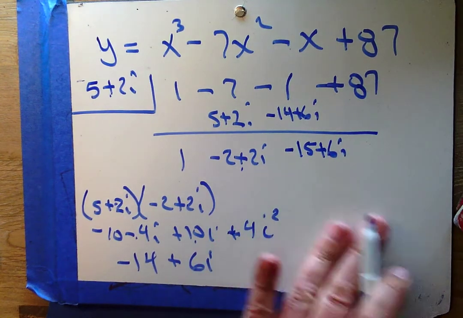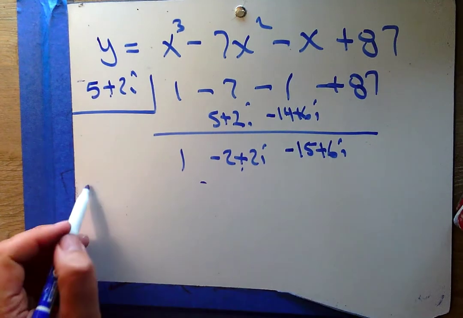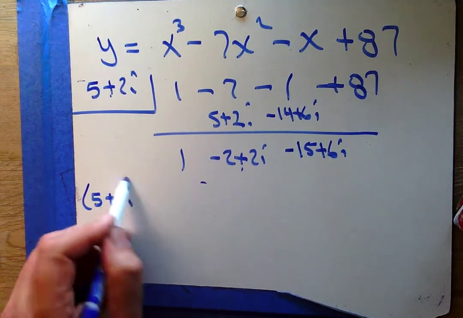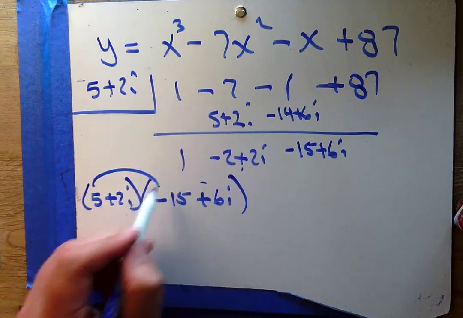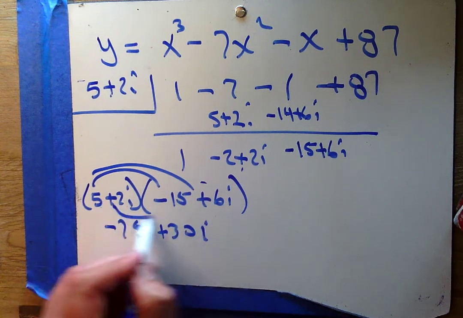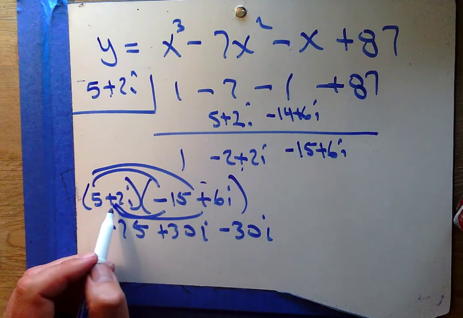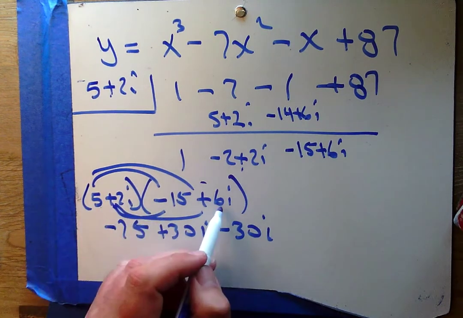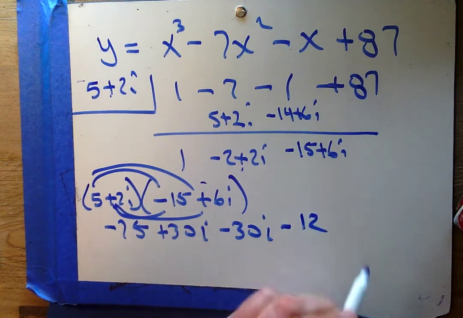And guess what I have to do now? Now I have to take this and multiply it by that. 5 plus 2i, negative 15 plus 6i. So negative 75 plus 30i minus 30i. And then here we've got 2i times 6i, which is going to be 12i squared, or negative 12.